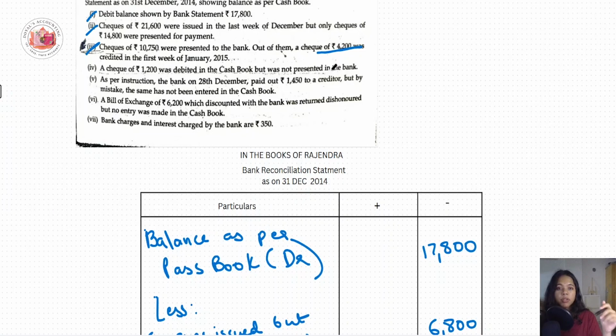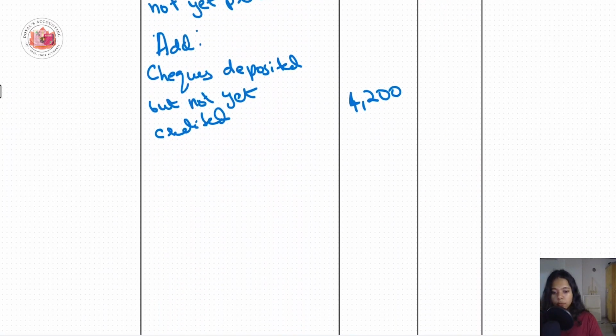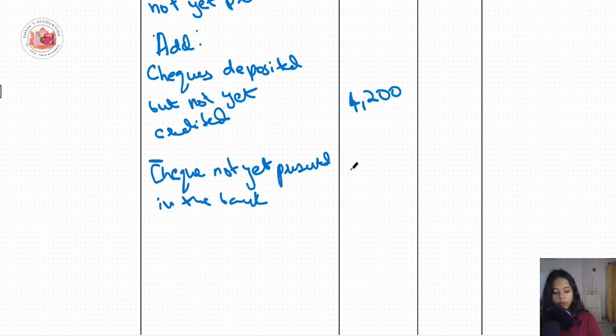But this check was not yet presented in the bank, so that 1,200 didn't get credited in our bank account. Similar to the last transaction, our cash book balance is more than our passbook balance, and to equalize the two, I'll have to add. Check not yet presented in bank, 1,200.